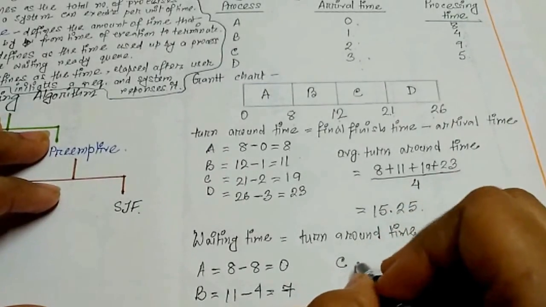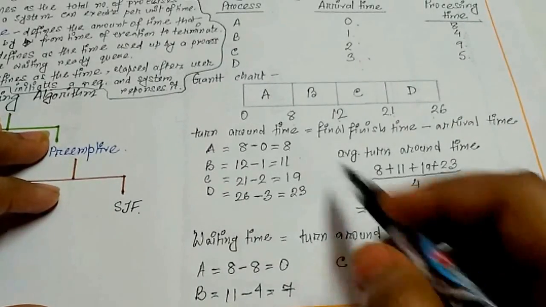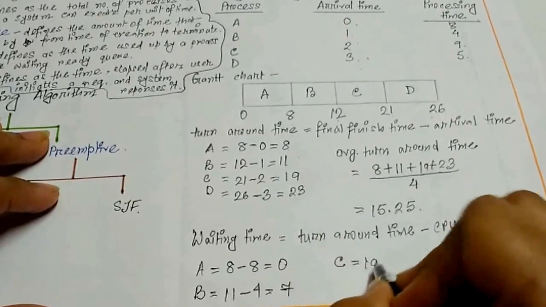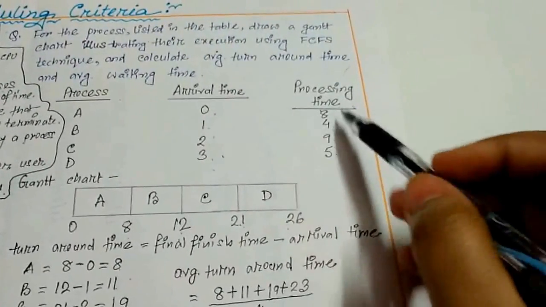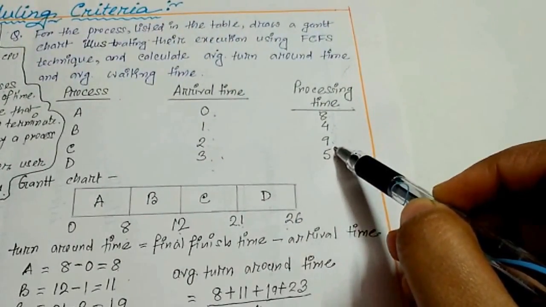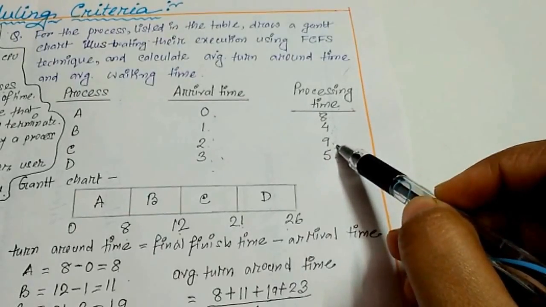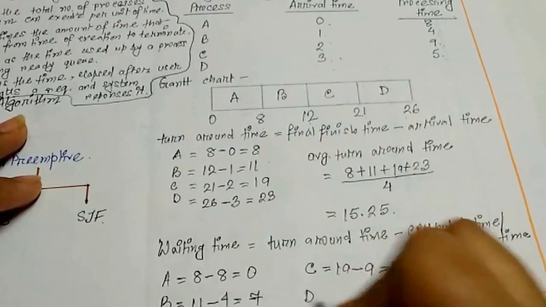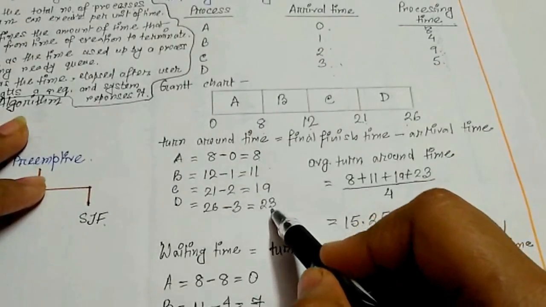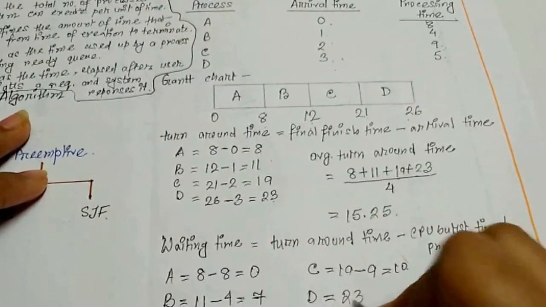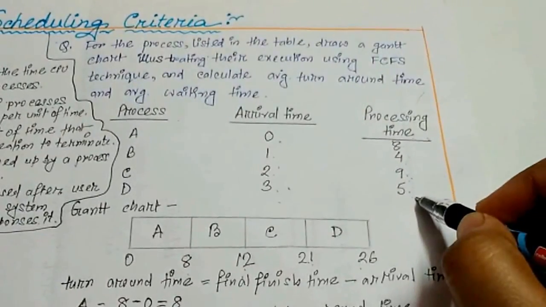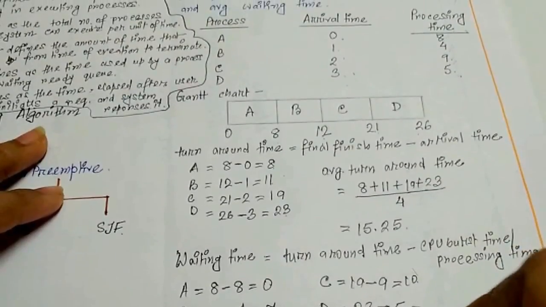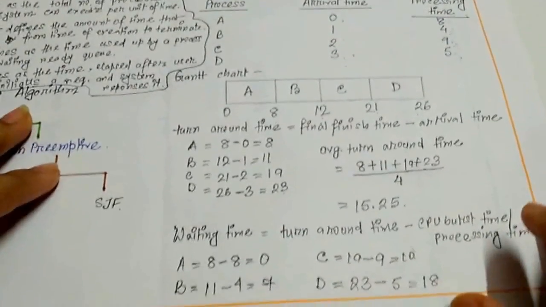Then comes process C. Turnaround time is 19 and the processing time or CPU burst time is 9, that is 10. Then comes D. The turnaround time, 23, minus the processing time 5, that is 18.